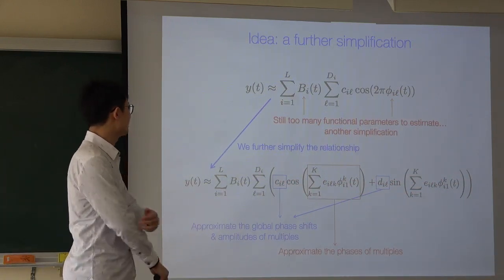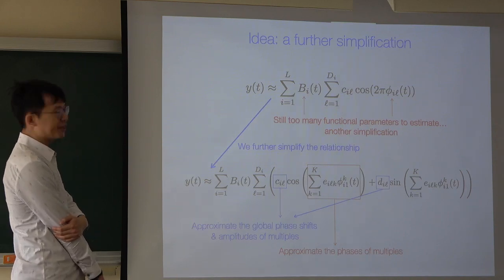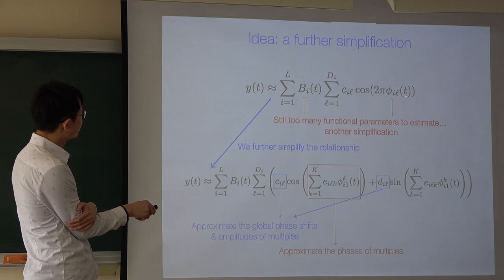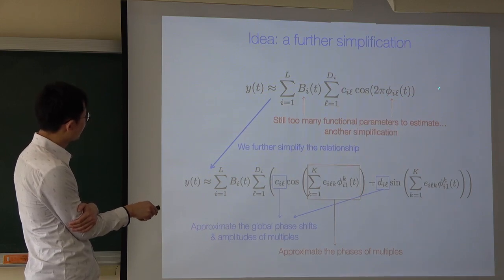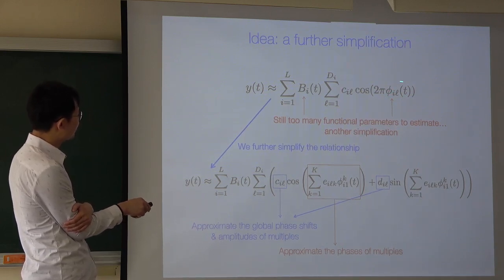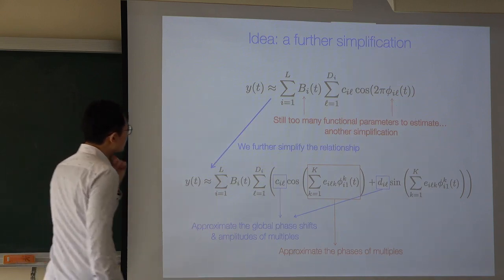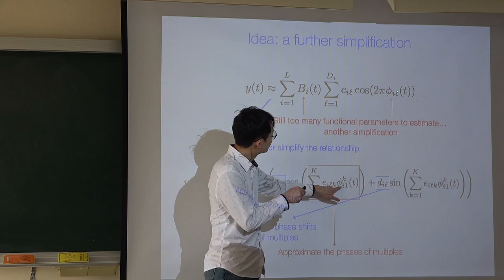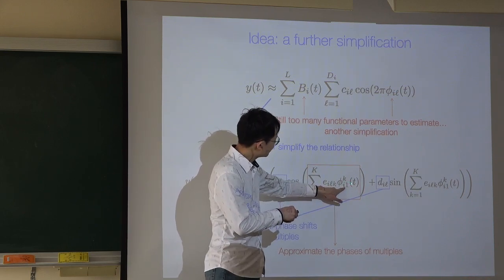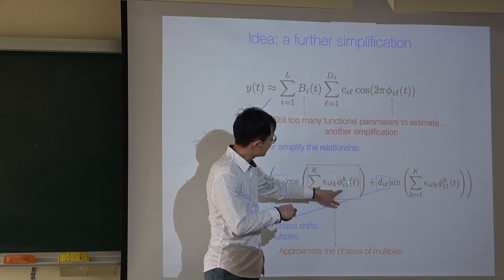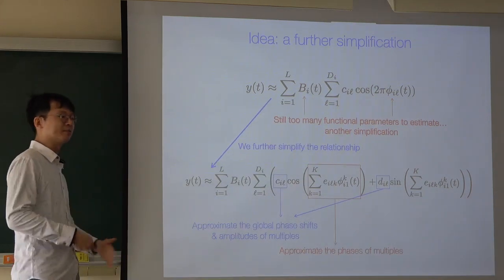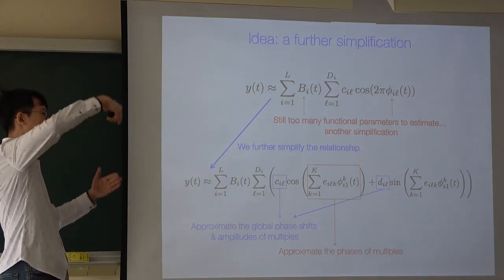A further simplification. So what we do here is, first we have cosine 2 pi phi. Now we want to use this guy, but we don't want to estimate phi. We want to say, hey, we have only the fundamental component. We don't need to know all the harmonics. We only know the fundamental phase. And for each fundamental phase, we take the power of k. That is, we consider polynomials of different phases.